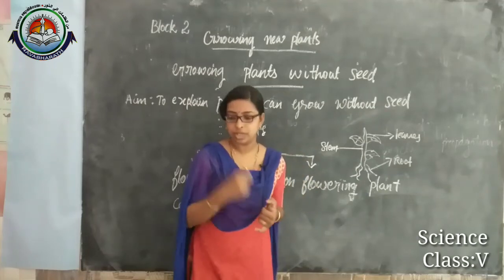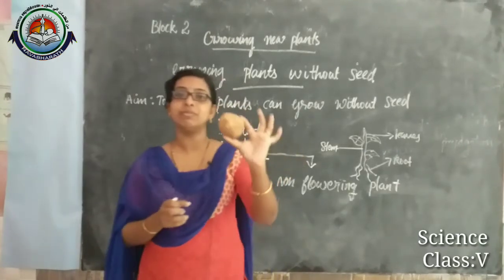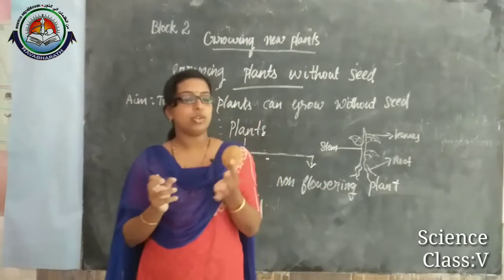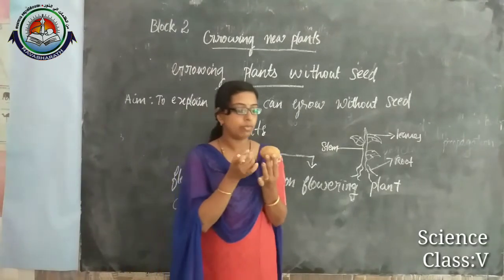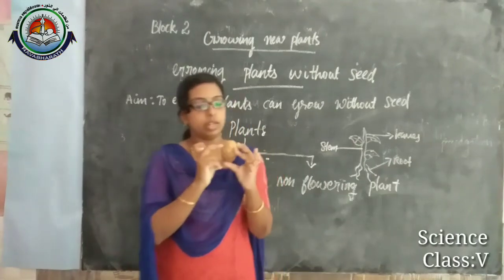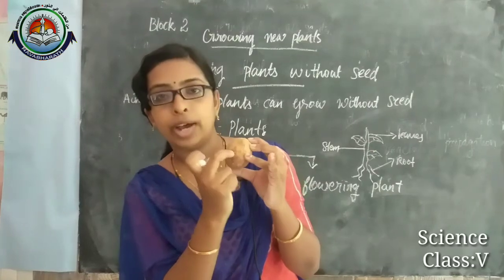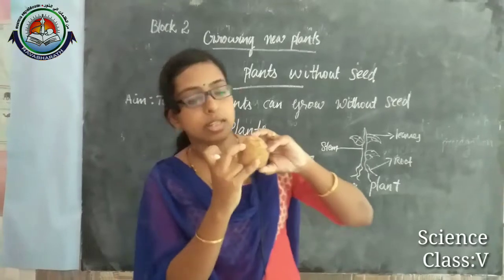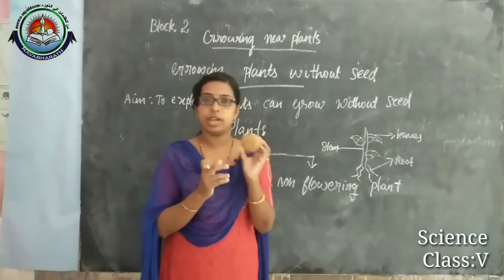How will it be? See, look here. What is this? Potato, right? Yes. Normally when we look around the potato, we can see some white spots on it. Here you can see some white parts. In your home also, in the kitchen, potato will be available, right?